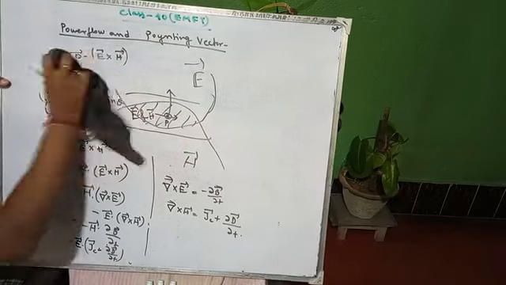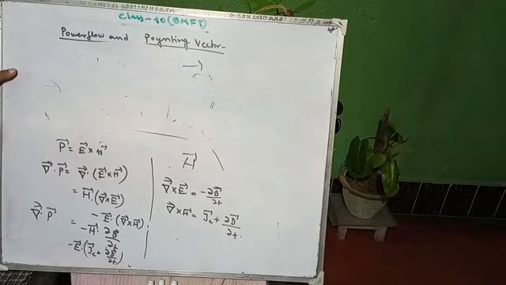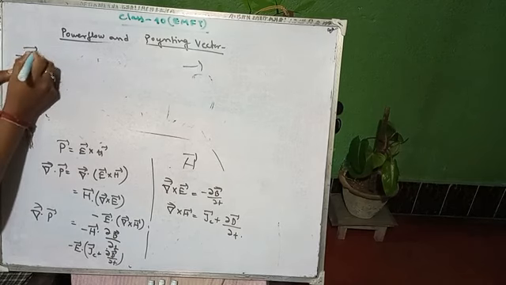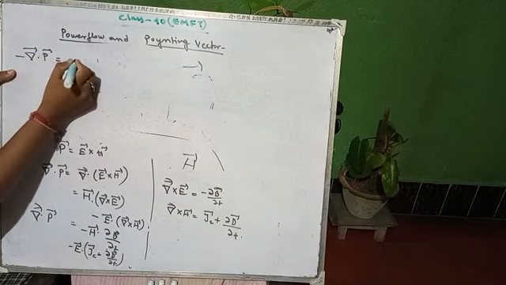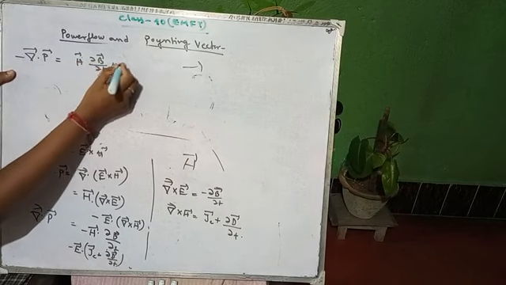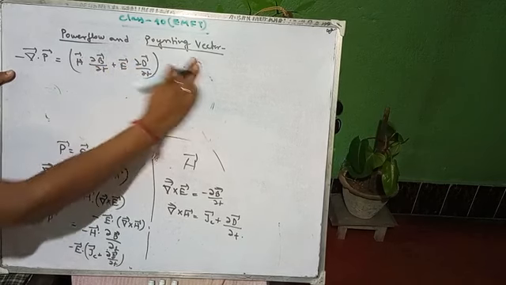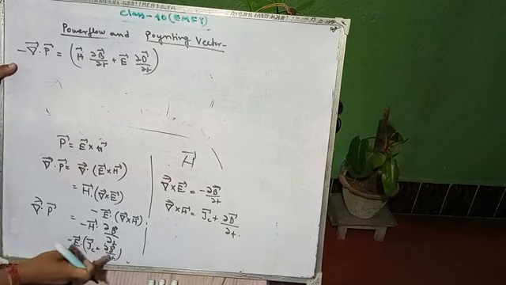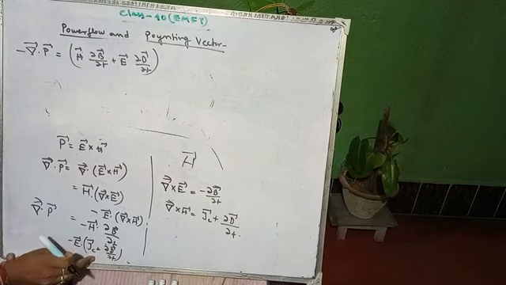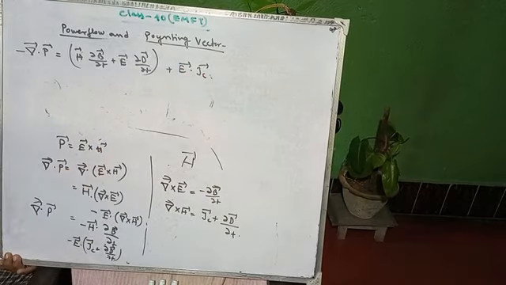Now you have to solve it. In the next line, taking the negative sign outside, divergence of P equals negative of H vector dot del B vector by del t plus E vector dot del D vector by del t. We take these two terms together, and the remaining term is E vector dot J_c vector, which is another term.